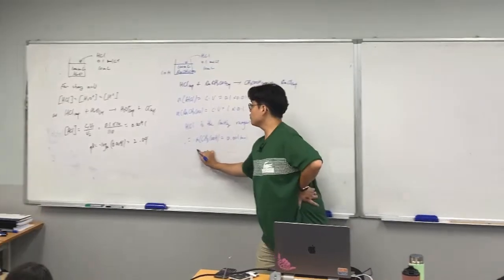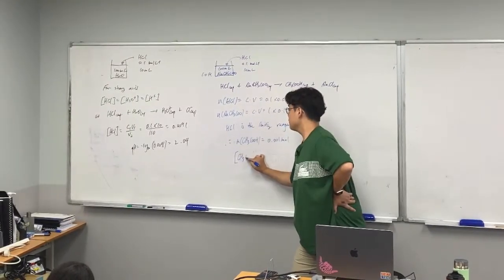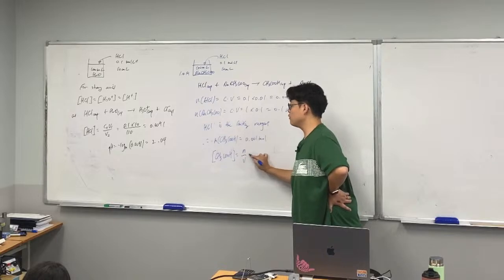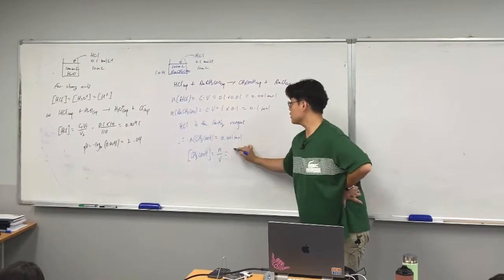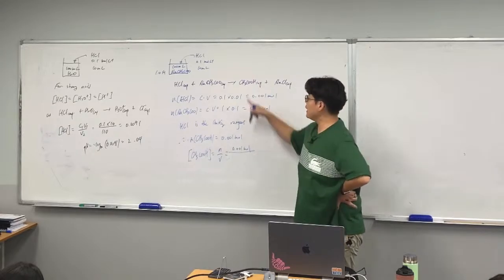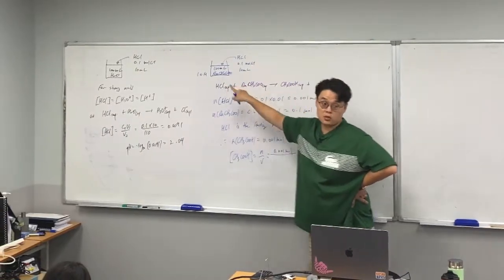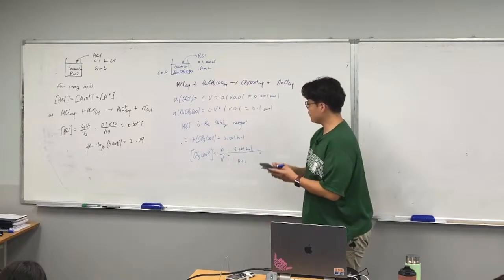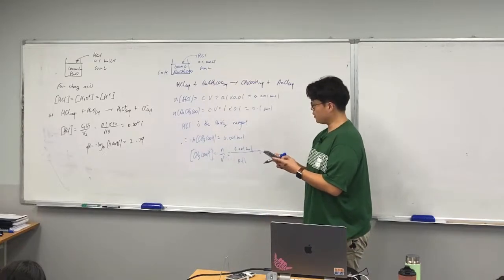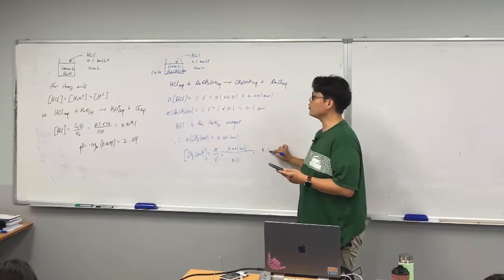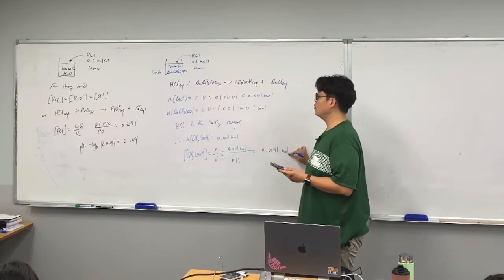What would the concentration of the acetic acid be then? It can be found by n over V. This is 0.001 mole divided by the total volume, now adding the 10 mL to 100 mL, 110, so 0.11. So 0.001 divided by 0.11 gives you 0.0091 mole per liter.